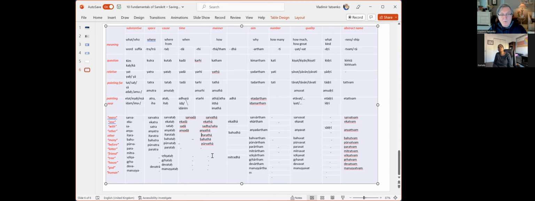Bahutha, in many ways; purvatha, in previous way, in how it was done previously. Not all the words are possible to translate in one word. You will have to find the meaning of it in English. So when you have, like in English, an adverb like happily, when you say he's going happily, or he's going fast, happily is interesting because notice it is answering the question how, and that falls into the instrumental case, Tritiya Vibhakti.